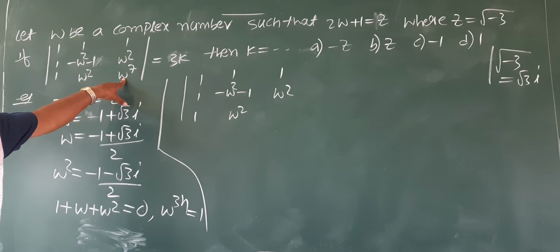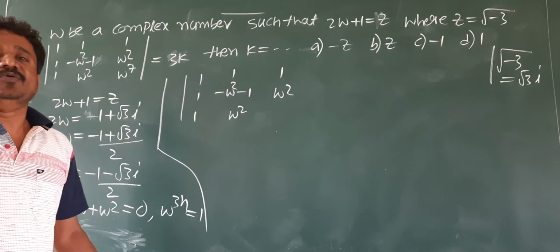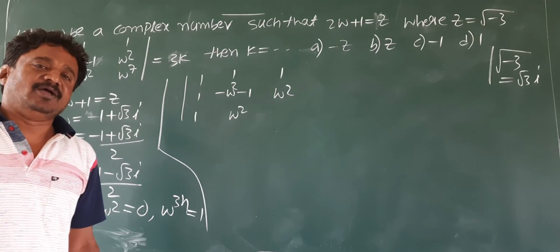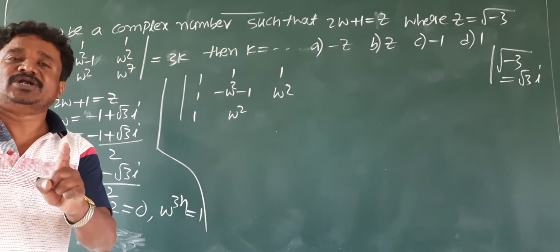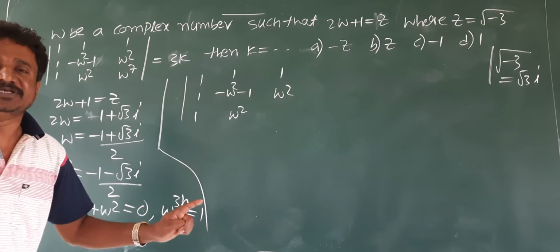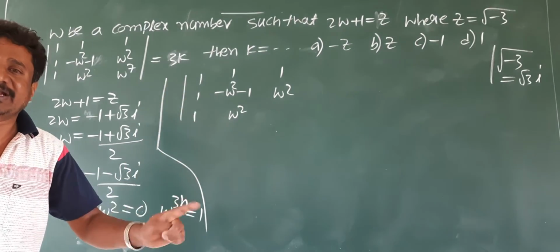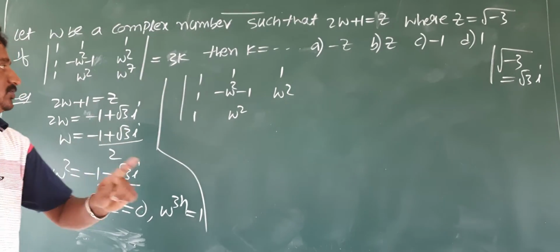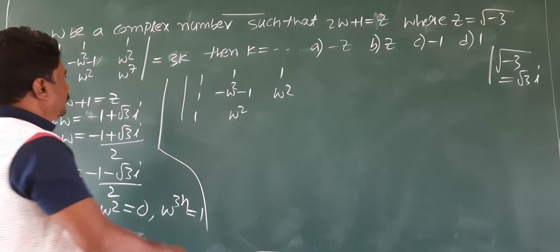Omega power 7 means omega power 6 into omega, that is omega cube into omega. How much is omega cube, students? 1. You use this property. Omega cube is 1, into omega. This is omega.